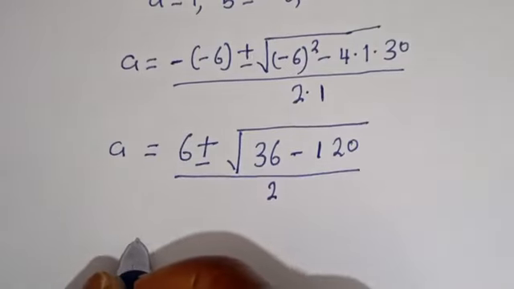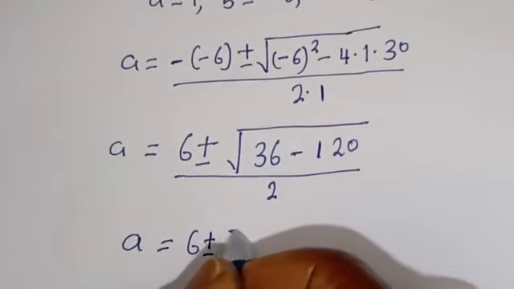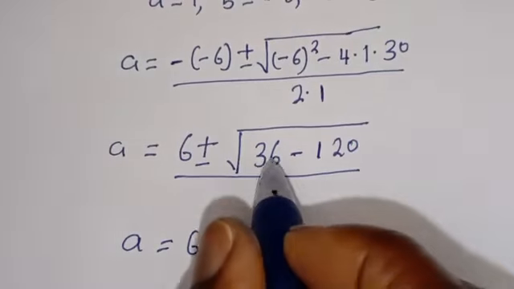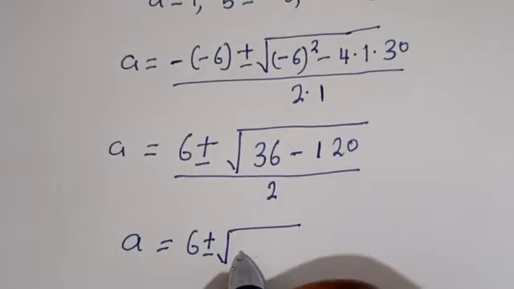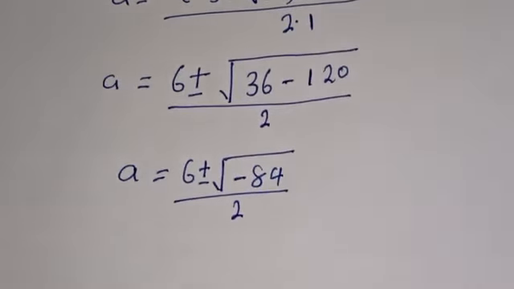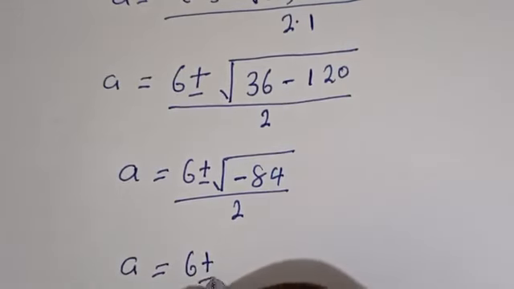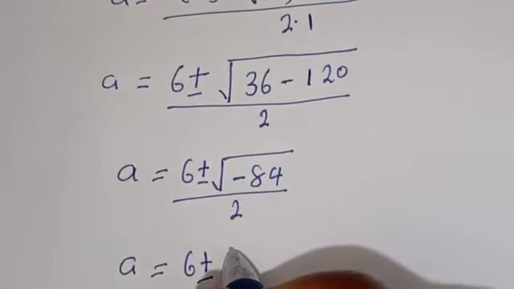Then a is equal to 6 plus or minus square root of 36 minus 120, that is minus 84, divided by 2.